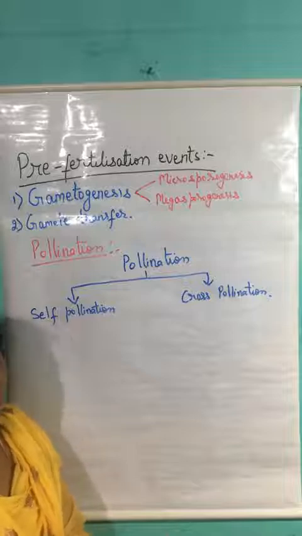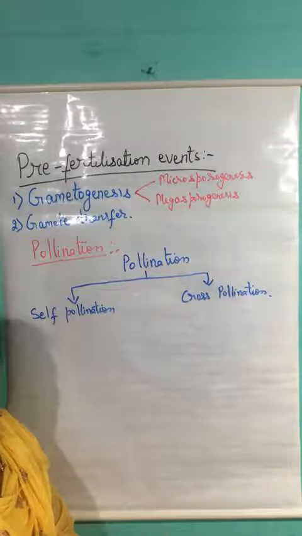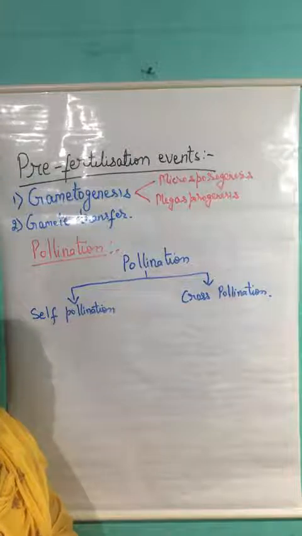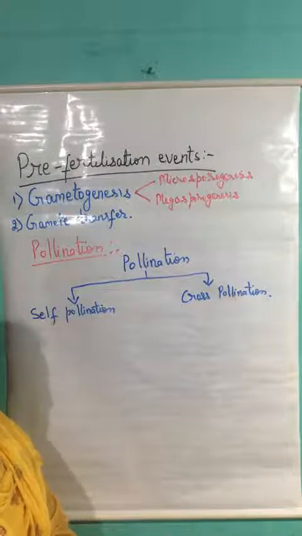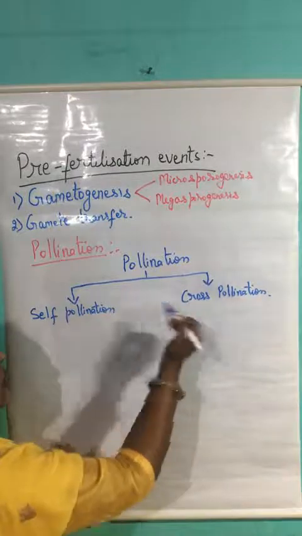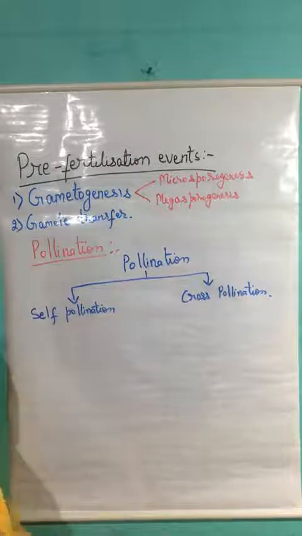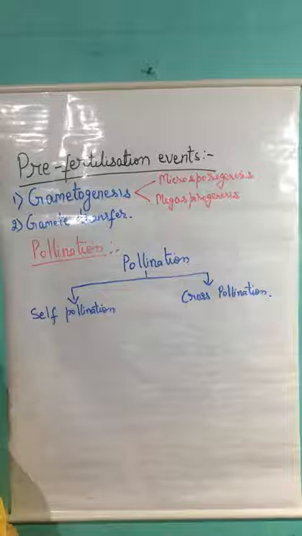Whereas, if the transfer of the pollen grain takes place from the anther of one flower to the stigma of another flower of a different plant but of the same species, then that is known as cross-pollination.